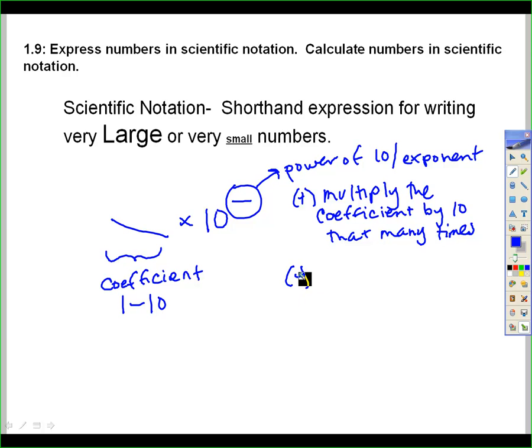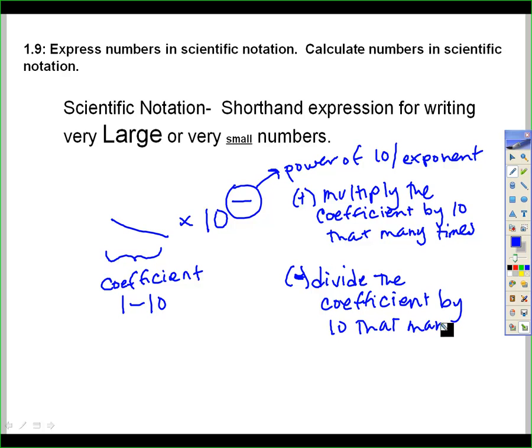Your exponent might be negative. That's a negative. And that just means divide the coefficient by 10 that many times. That's it.